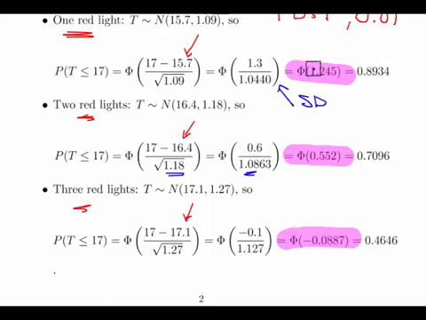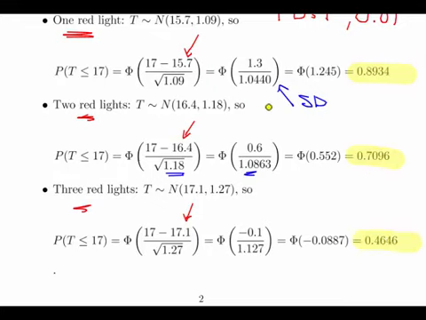Using the tables, you should get these 3 answers: 0.8934, 0.7096, and 0.4646. Or you should get answers close to that. If you're using tables, you should get an answer very close to those numbers. They're good enough. So that's the answer to part B.